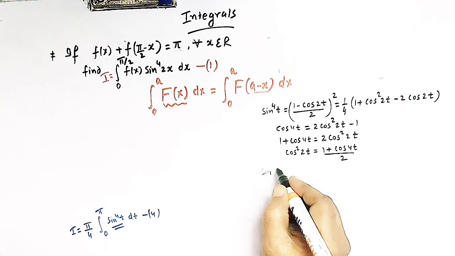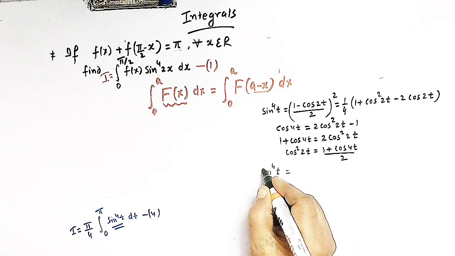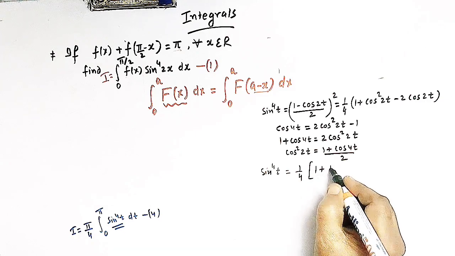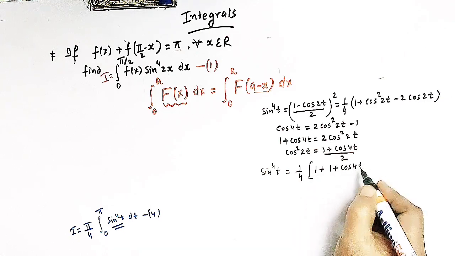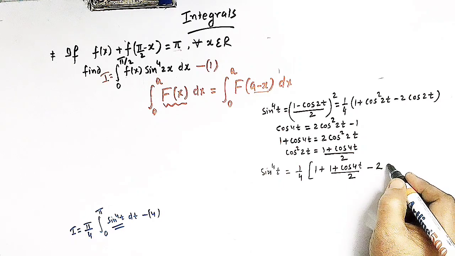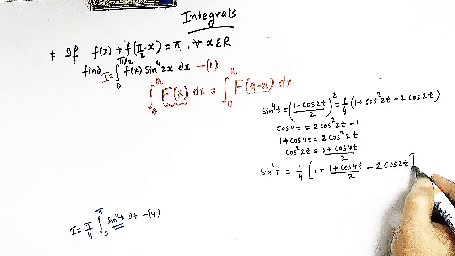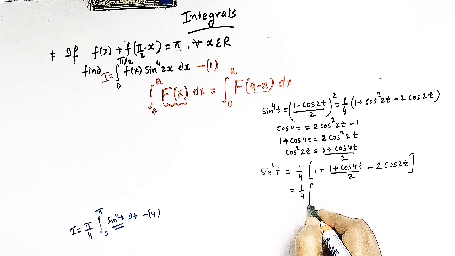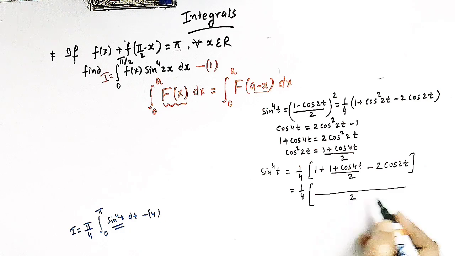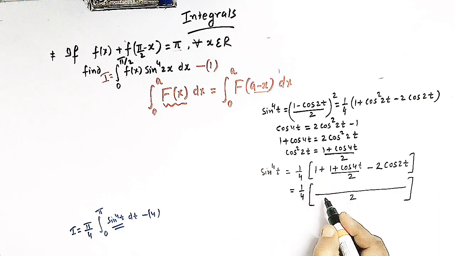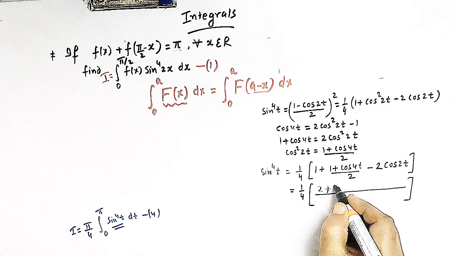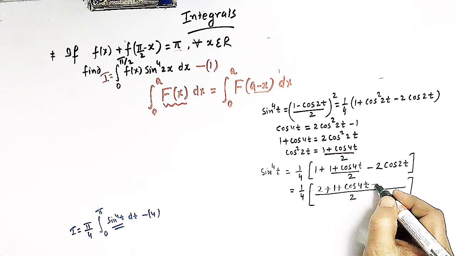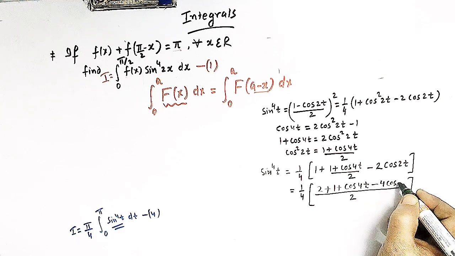So now we have sine 4t, and this is equal to 1 over 4, 1 plus cos 4t over 2 minus 2 cos 2t. So let us take the LCM here. We have 1 over 4, and we can now write here 2, and here 2 times 1 is 2, and then we have 1 plus cos 4t, and then we have here 4 cos 2t.